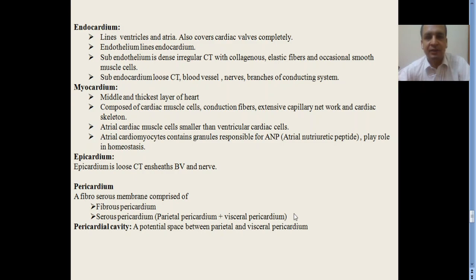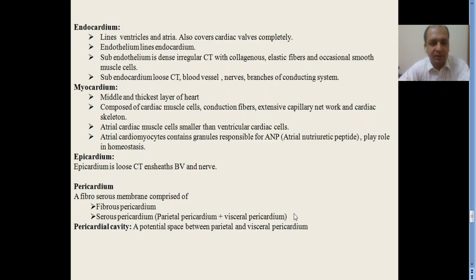If these myocytes are in the region of the atria, we call them atrial cardiomyocytes. The atrial cardiomyocytes are comparably smaller in size than the ventricular cardiomyocytes, and there are specialized junctions present between these cardiomyocyte cells. It mostly consists of conducting fibers, extensive capillary network, and cardiac skeleton.